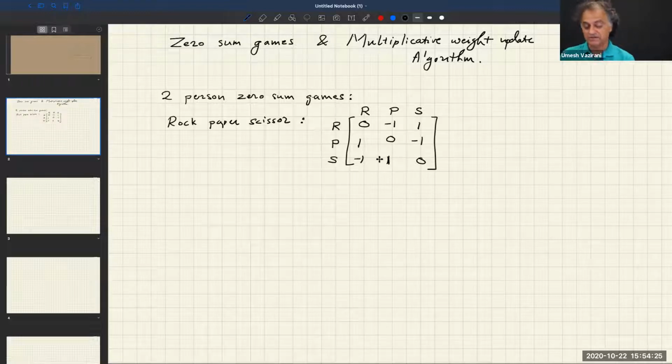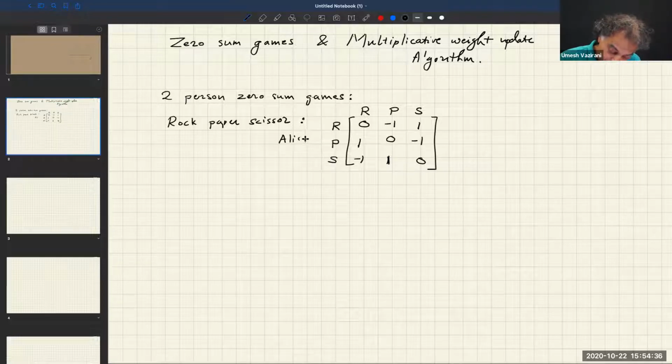Okay. So we'll think of this as 2 players. So this is Alice playing a row of this matrix.